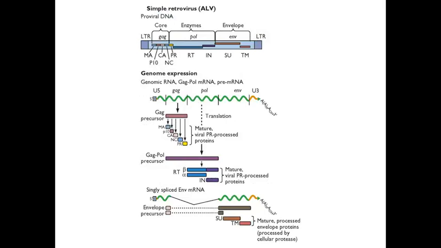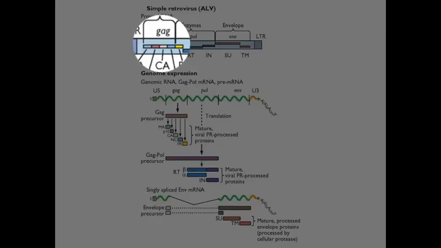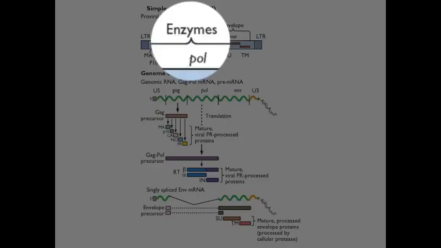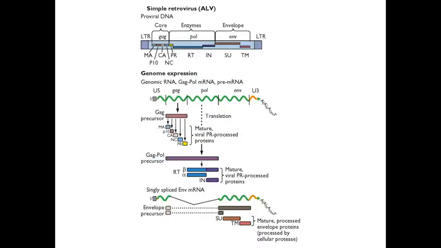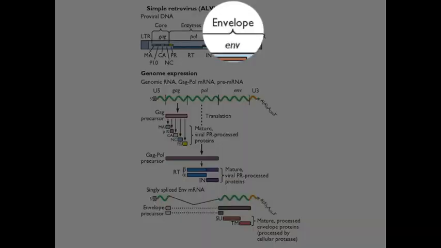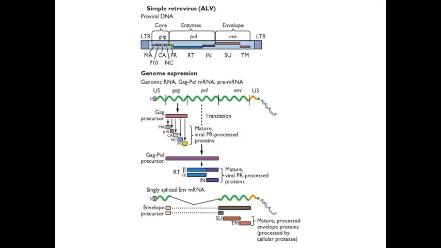And then you can see all the coding regions for the various viral proteins. So there are proteins here on the left that are used to build the core or the capsid. There are the enzymes in the middle, the reverse transcriptase and the integrase, which we will talk about in a bit. And then to the right are the proteins that make up the envelope glycoprotein, the surface and the transmembrane parts of that.